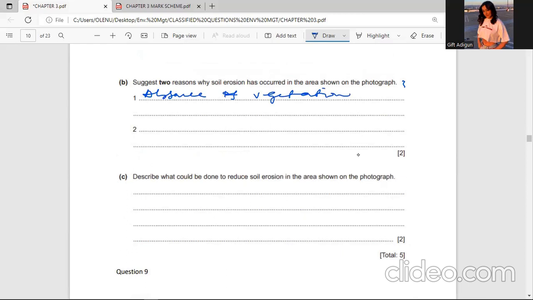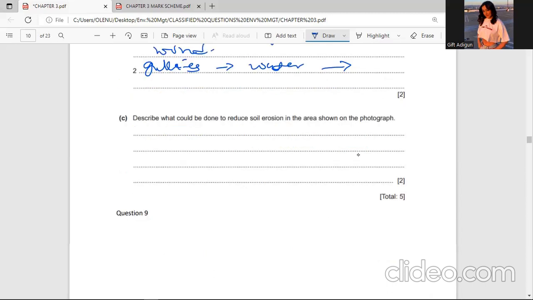Another thing is, from that photograph, you can tell that there are gullies, which indicate that the soil can easily be washed, and it has been washed away to form gullies. With the absence of vegetation, wind can also move the soil away.